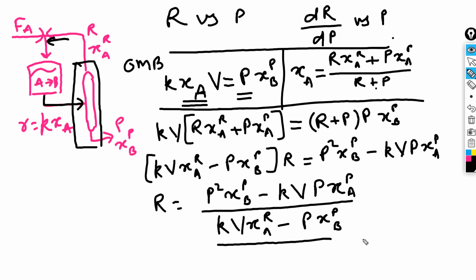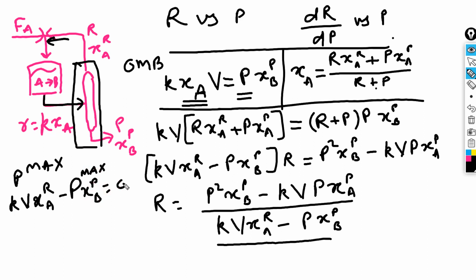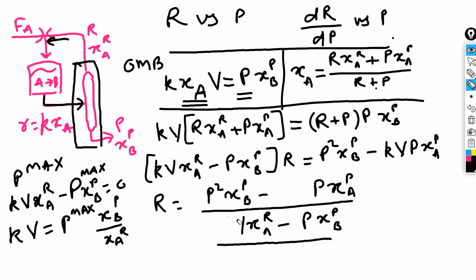So we will call this production P max, and as we call this P max, if we say that KV XAR minus P max XBP is equal to 0, because that's when recycle rate will go to infinity, that gives us KV is equal to P max times XBP divided by XAR.